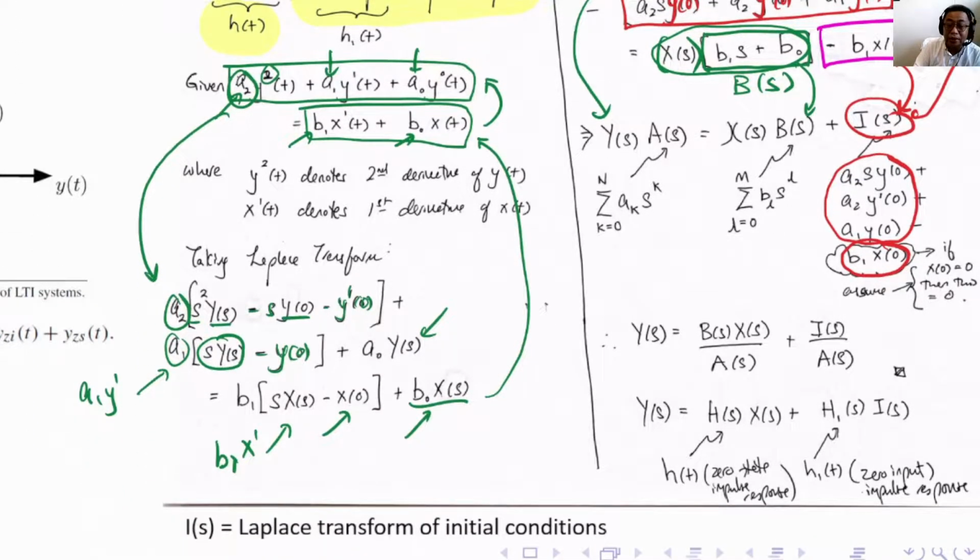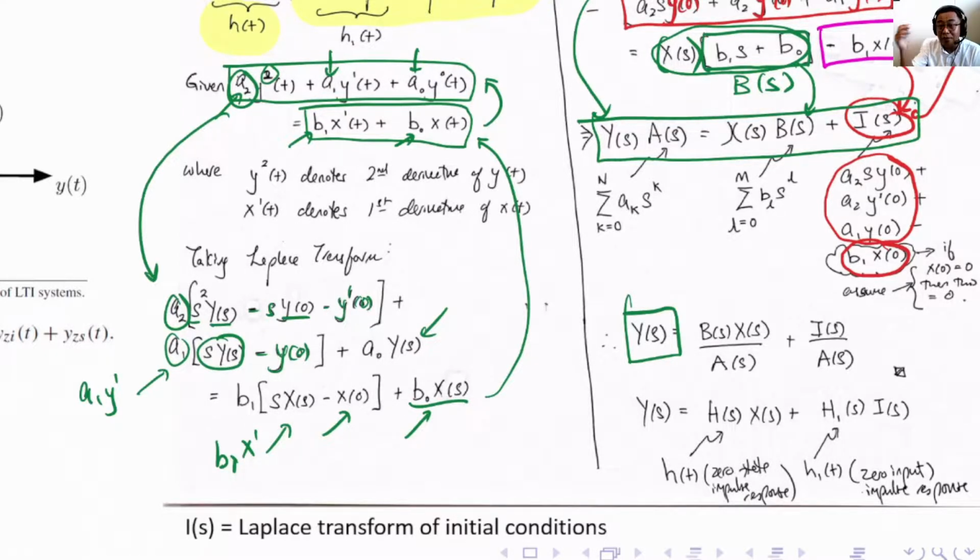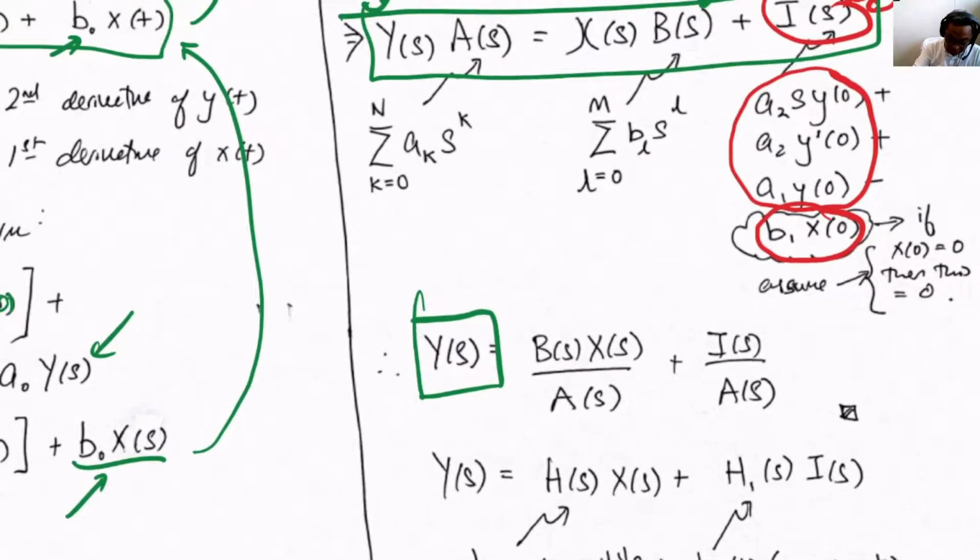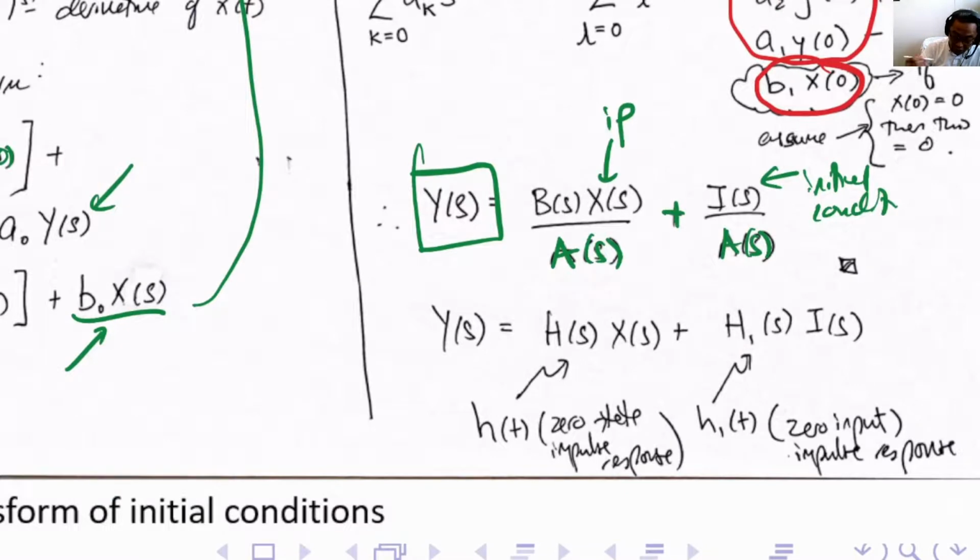Now we are almost there. Remember that our motivation, once we have collected this equation, is to represent only Y of s. So we move A of s to the right hand side by dividing both sides. Remember, this is the input, this is the initial condition, and this is simply a sum. Therefore, now we can perform analysis independently.